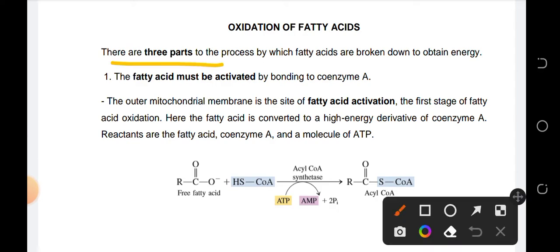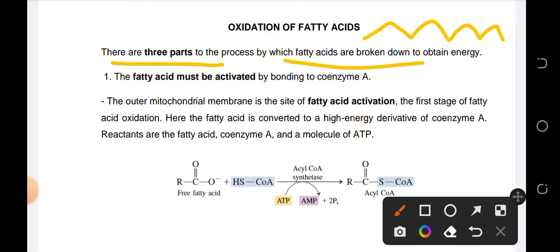So, there are three parts by which fatty acids are broken down. Kasi remember that fatty acids are either small, medium, or long chain fatty acids, no? Paano siya papasok sa Krebs cycle kung masyadong mahaba yung carbon atoms niya? So, meron tayong three parts here para maging acetyl-CoA lang siya.